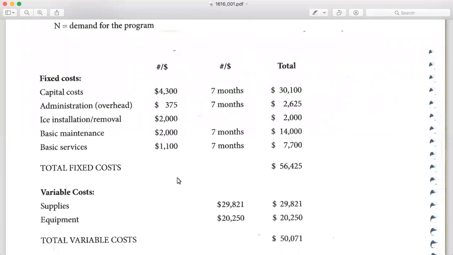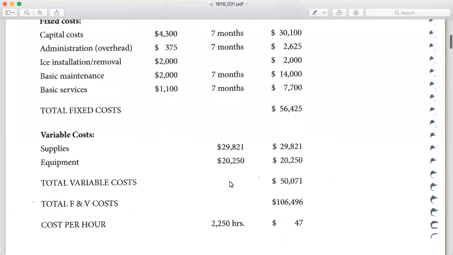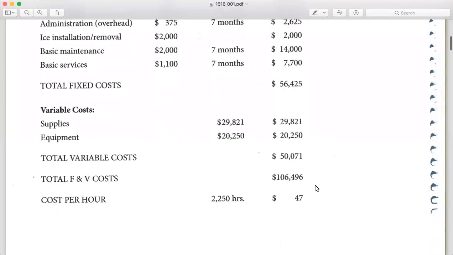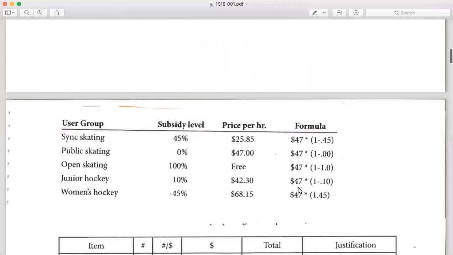And so we went through the fixed costs, the variable cost, and we came up with this particular price point here of 106,496, but then you divide it by the number of hours, which gave you the $47. And that was just carried over to this example right here.